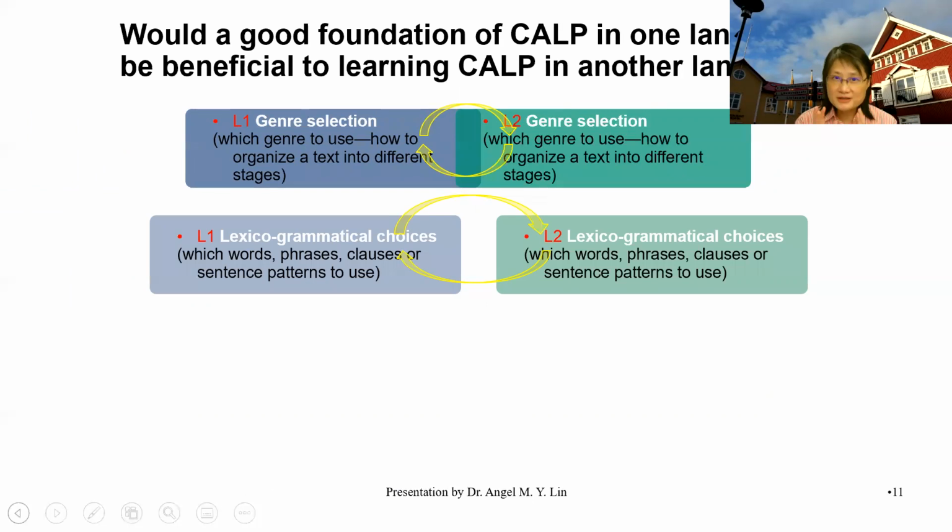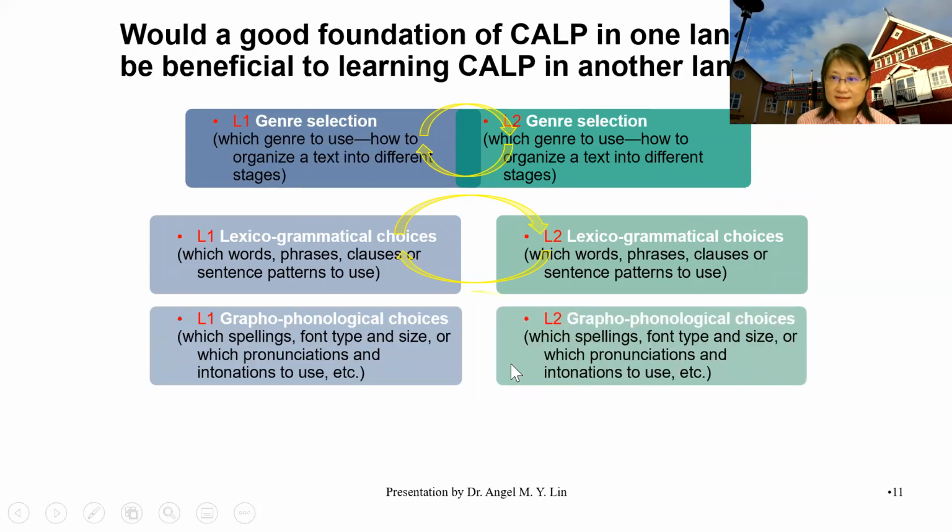So if you are writing an argumentative essay, the stages you go through to write a Chinese argumentative essay are similar to the stages you go through to write an English argumentative essay. So that's where we can leverage on students' genre knowledge in the familiar L1 to their less familiar L2.